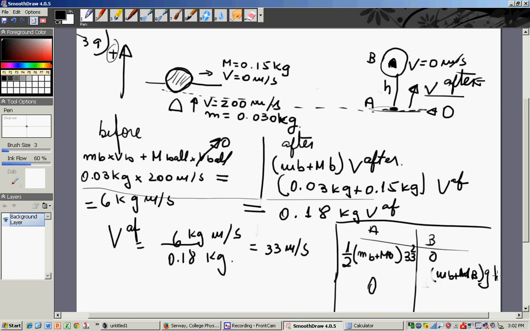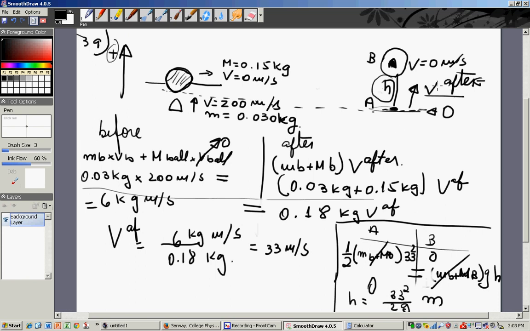So mass can be canceled out, and when you make those two quantities equal to each other, then we find the height is given by 33 squared divided by 2 times g meters. Okay, and then you plug that in your calculator, and you get it done. Good enough?